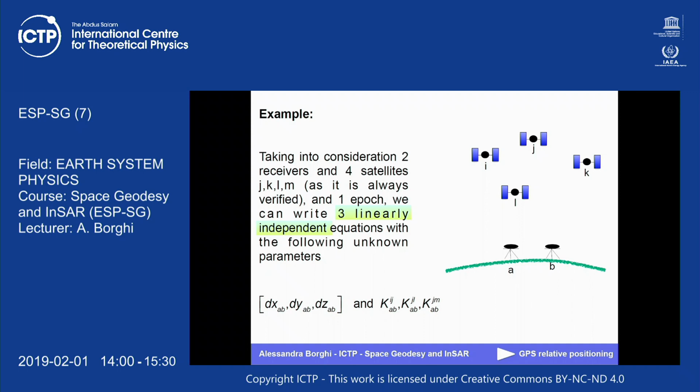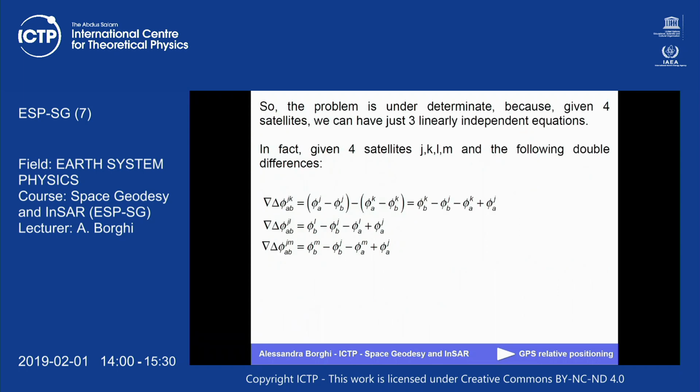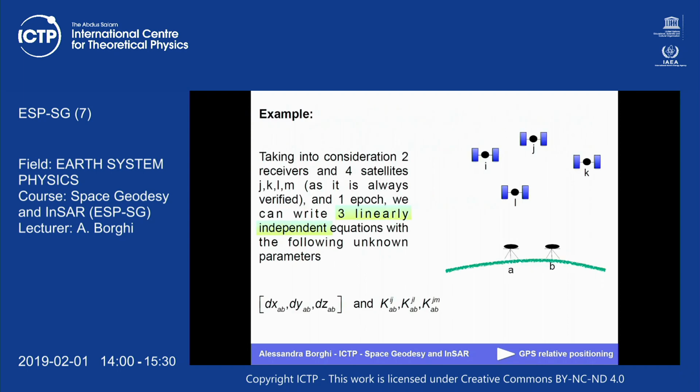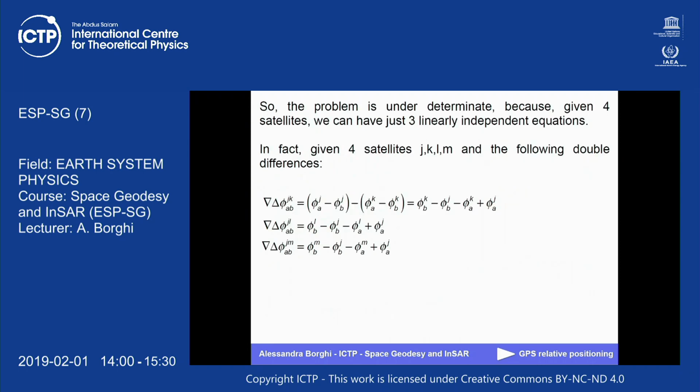So at a given epoch, just one epoch, for instance t equal t0, we can write three linearly independent equations for the relationships we have seen before. But we have to estimate 6 parameters. So we have just 3 linearly independent equations.